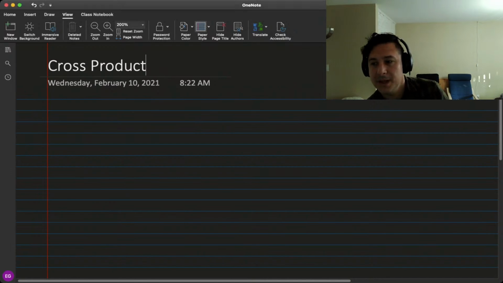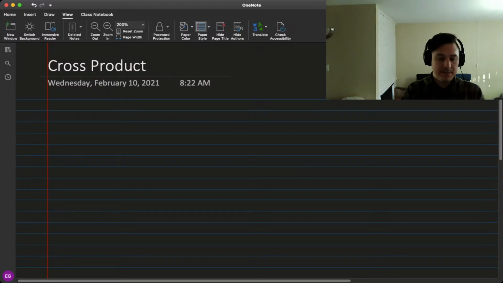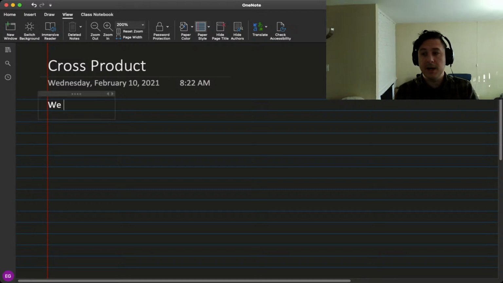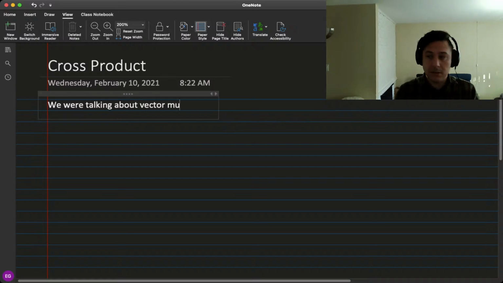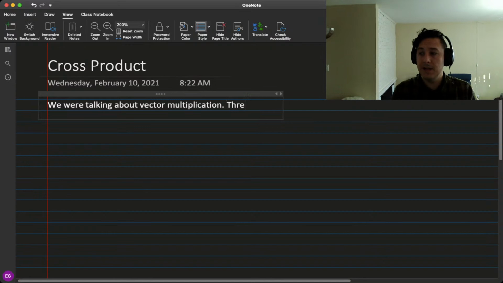Cool. So last time, yesterday, we were talking about vector multiplication, and I said that there were 3 different types.